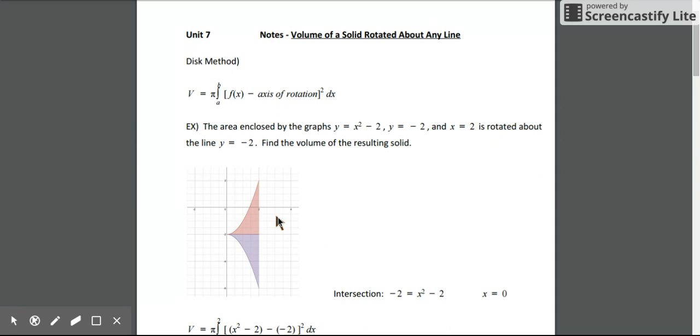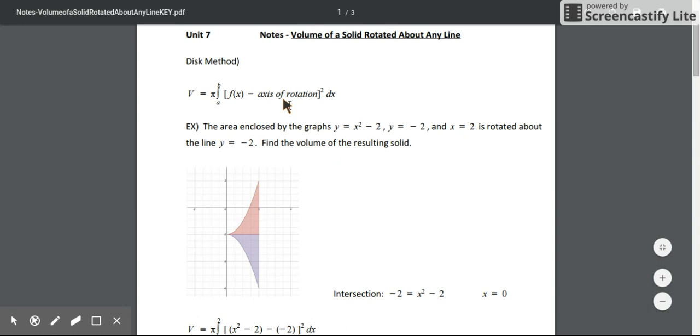So the way that our equation changes because we're rotating about a different line is that now the radius of our disks is the distance between our axis of rotation and our graph. So if we look at this pink region, we're rotating about y equals -2 here. So the radius of our disk is going to be whatever the distance is between this horizontal line and our function, x squared minus 2.